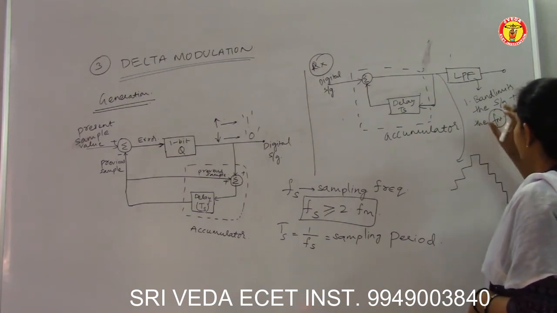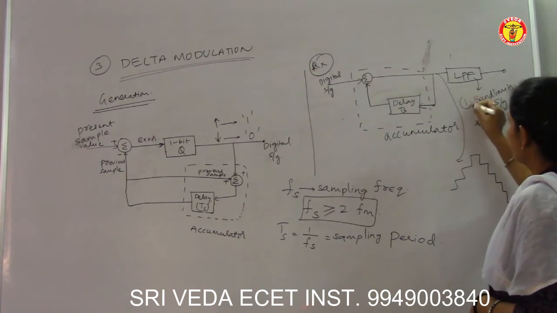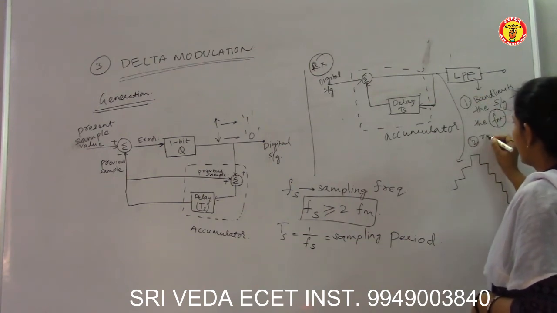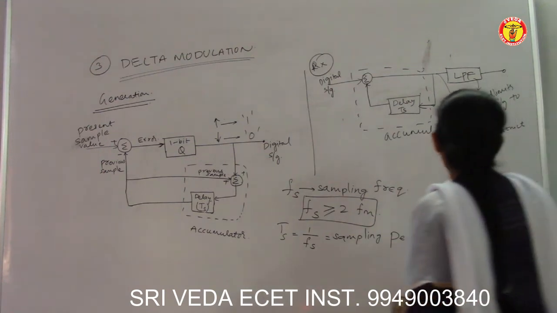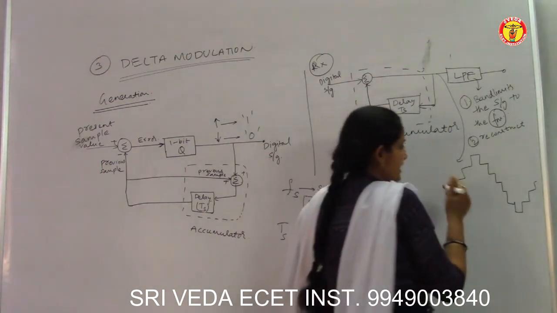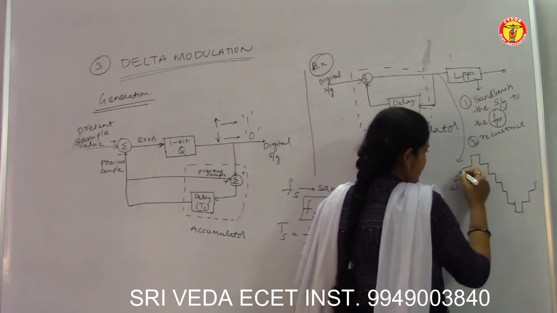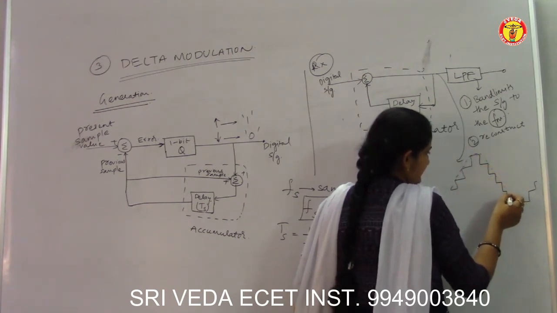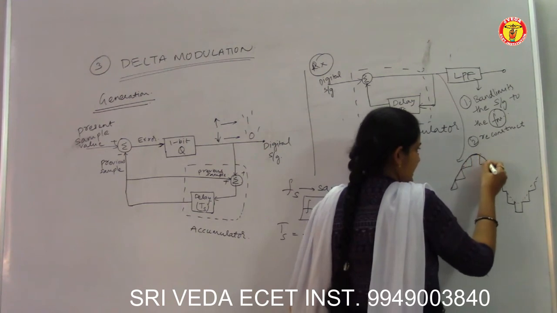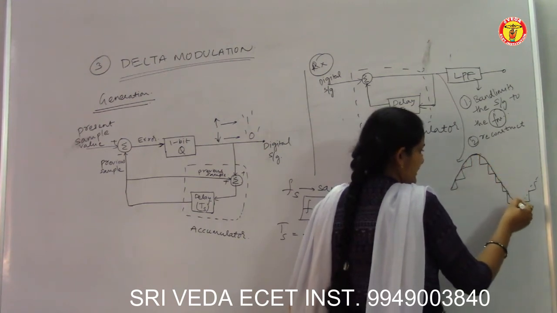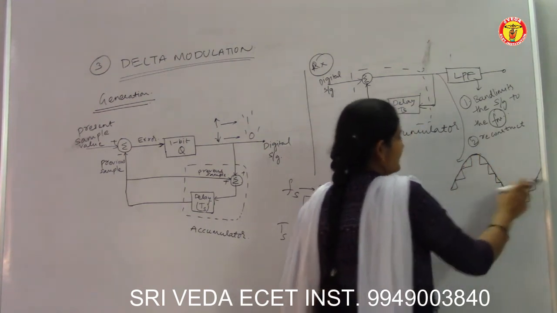Next, it reconstructs the signal; it reconstructs by approximating the values of the staircase. So an analog signal is generated like this at the output of the low pass filter.